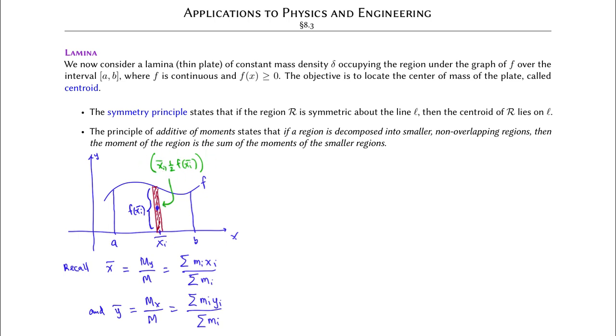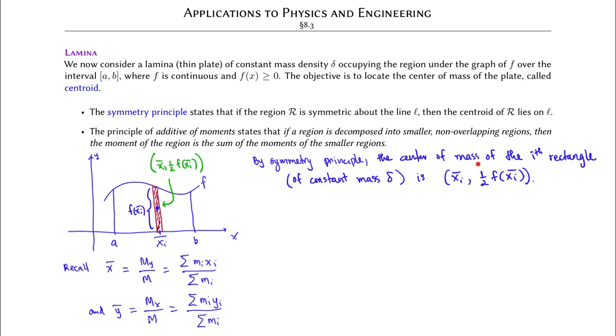This is justifiable because the rectangle is small enough and it has constant mass density. By the symmetry principle, the center of mass is right at the center. Thus, the center of mass of the ith rectangle is x_i bar and 1/2 f of x_i bar.